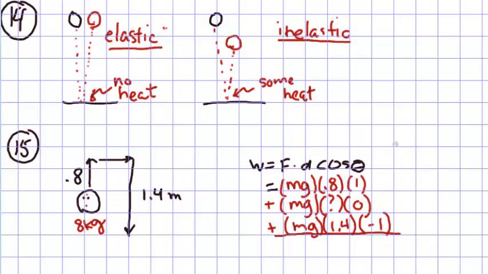So you can abbreviate all of these steps very nicely by just doing mg, the force, times a distance of 0.6 meters below where it started, times a cosine of 180, which is -1. Because as you lowered it straight down, the force would be up, but the distance would be down. So either of these two should yield the exact same result. This value and this value should be equal. Okay, next question.